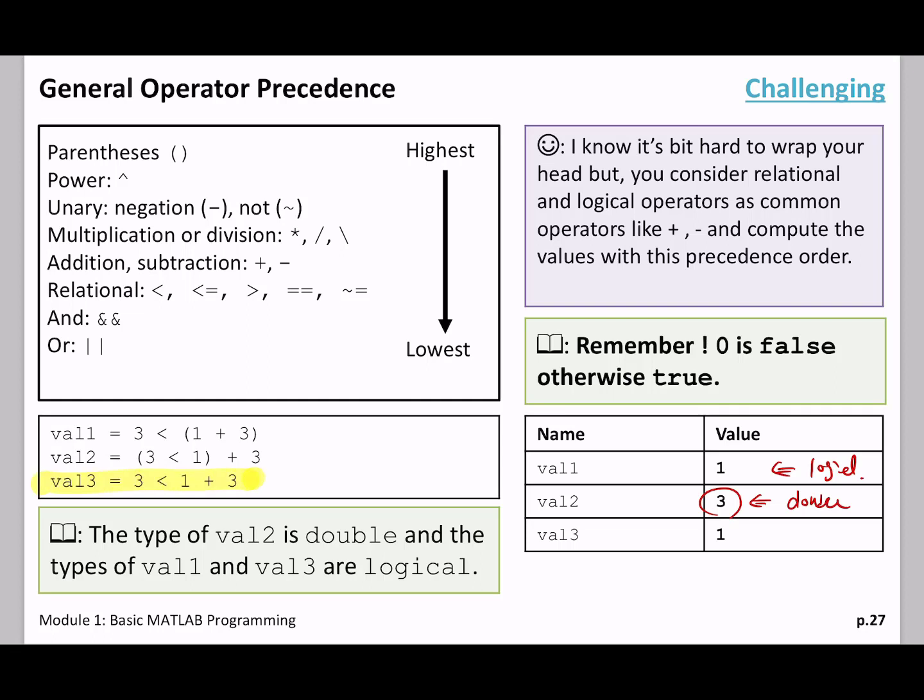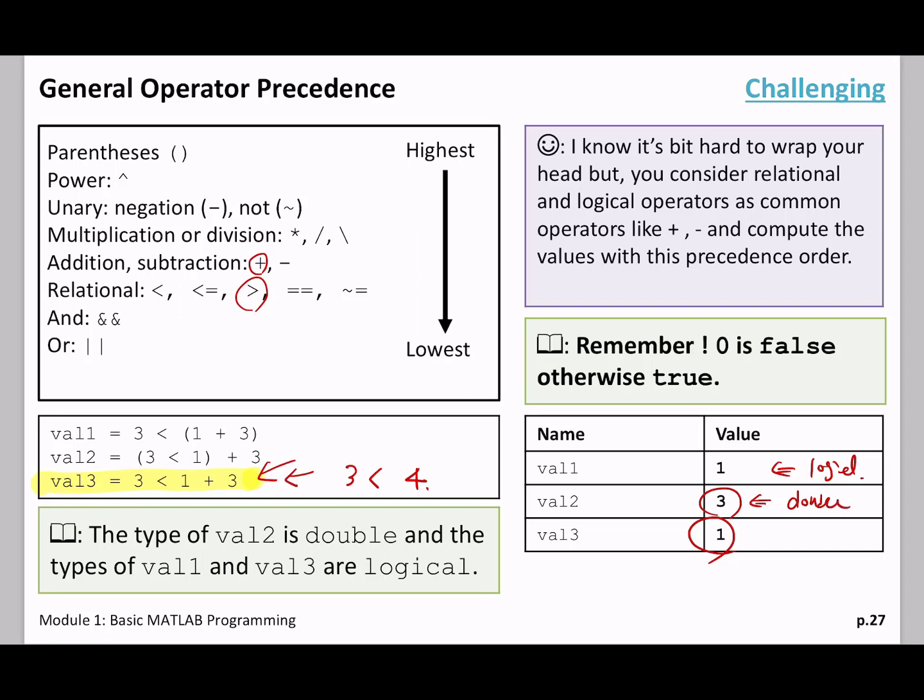Okay. What about this one? Here, if you see this table, plus is a higher precedence than the relational operator. So this one is evaluating this one, comma 1. But I don't recommend this type of script because sometimes it's very confusing, right?